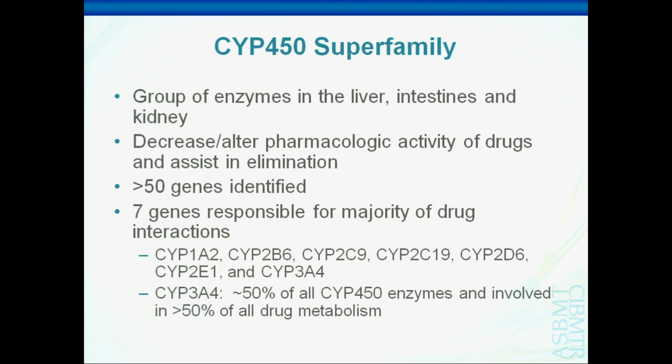There have been over 50 genes identified within the family, but of these 50, only 7 genes are primarily responsible for a majority of drug interactions, including CYP1A2, 2B6, 2C9, 2C19, 2D6, 2E1, and CYP3A4. Not surprisingly, CYP3A4 accounts for about 50% of all CYP450 enzymes and is involved in more than 50% of all drug metabolism.